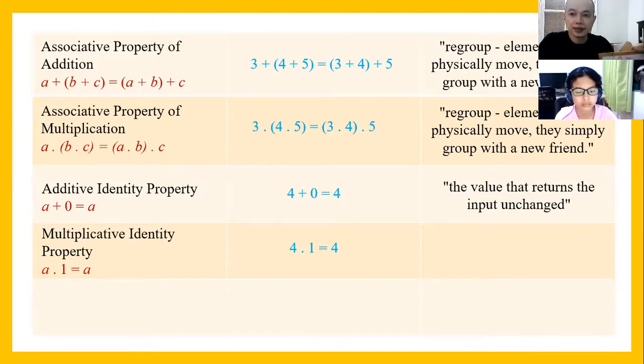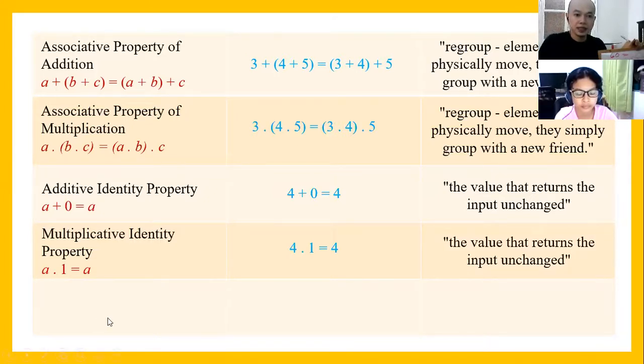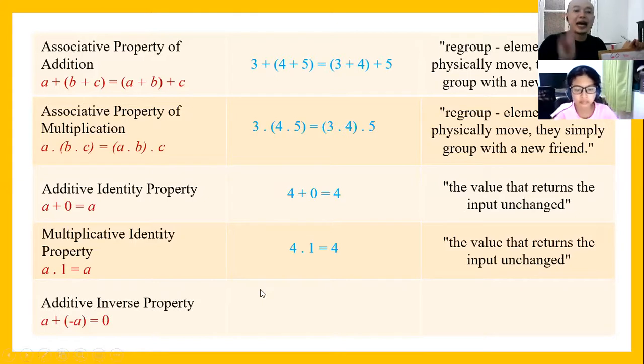It doesn't change the value at all. Isn't it easy, Kristel, that property? Very easy, right? Now next, you have additive inverse property. What does it mean?